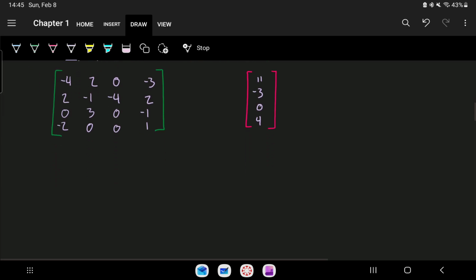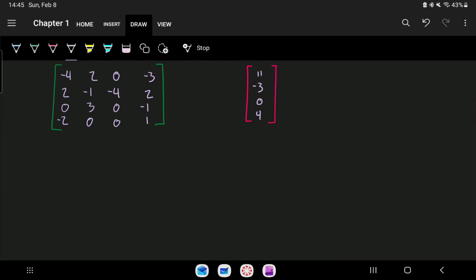Now, in order to show the relationship between this and this, we're going to form what is called an augmented matrix.